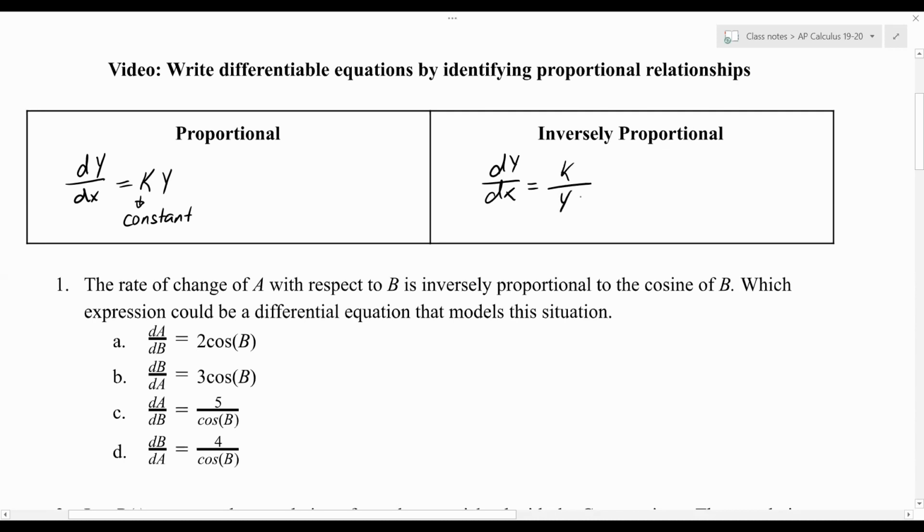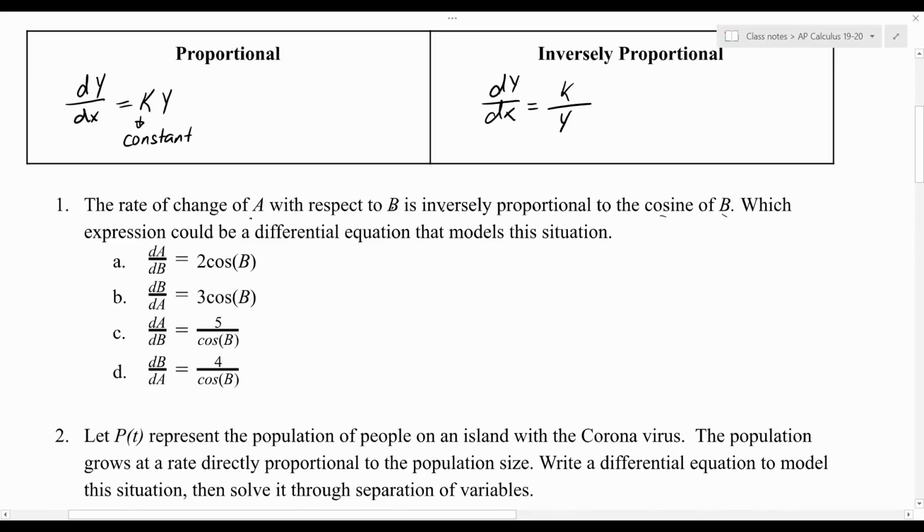So let's do an example. The rate of change of A with respect to B is inversely proportional to the cosine of B. Which expression could be a differential equation that models this situation? It says rate of change of A with respect to B. That means dA/dB.